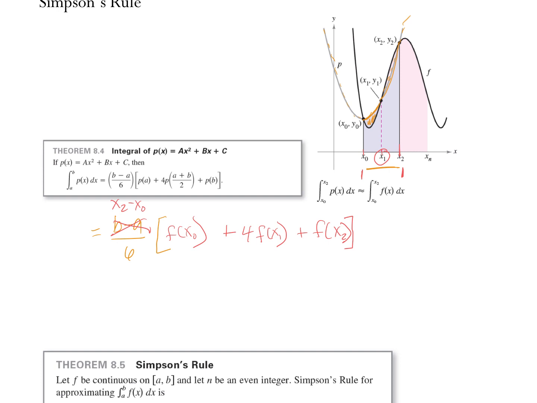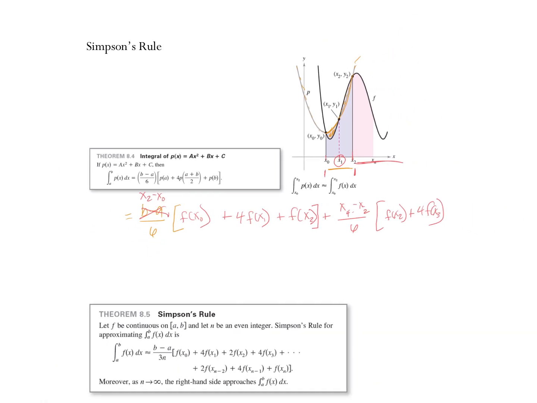So imagine I went from x2 to x4, I would have x4 minus x2 over 6, times f of x2 plus 4 f of x3 plus f of x4. And we could keep going depending on how many. And we only use Simpson's rule for an even number of partitions.